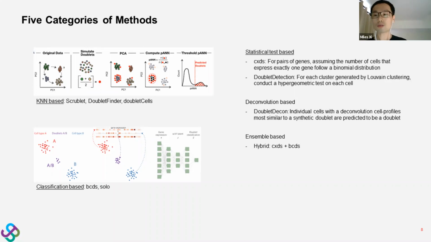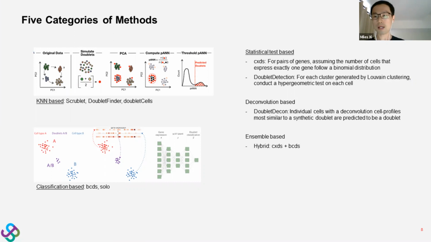So then how about I simulate those doublets, right? I randomly pick 2 cells from my data set and combine them together. So I have doublets, even though they're not real doublets, but it's very close because we know doublets are just 2 cells together. So this method just randomly adds 2 single cells, then you get doublets, right?